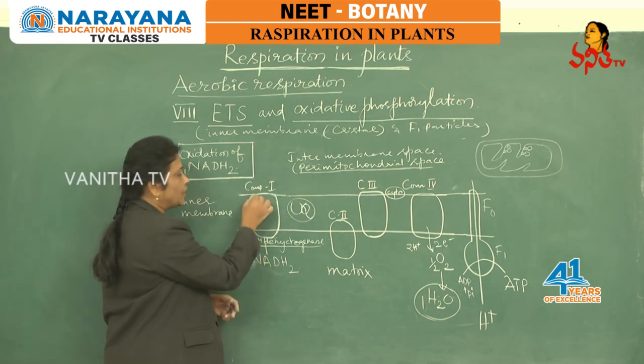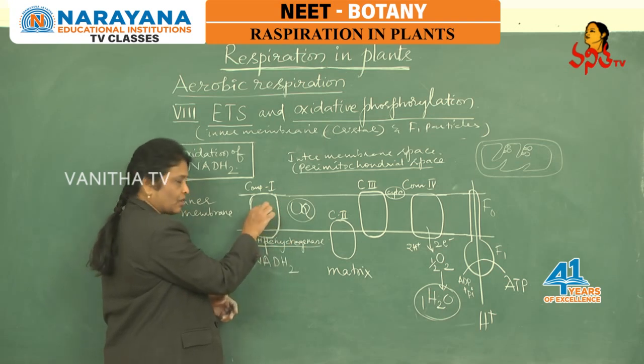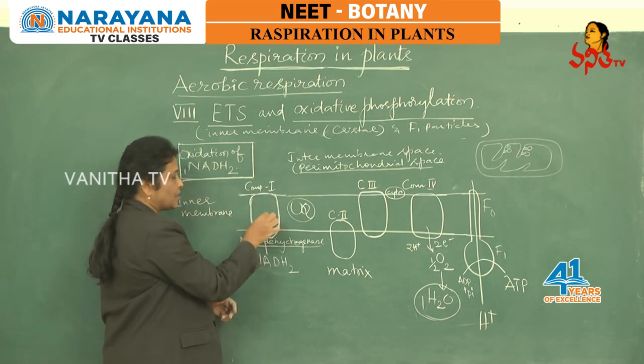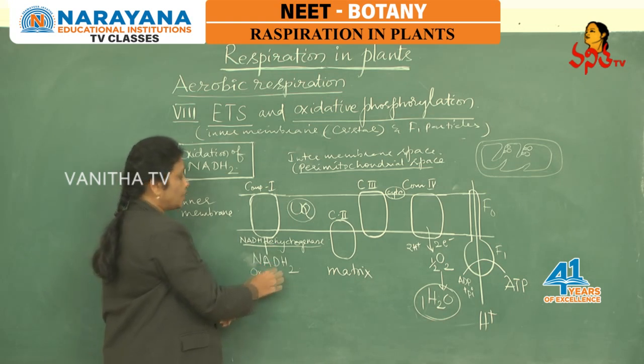So complex 1 itself is named the NADH dehydrogenase complex, with electron carriers as well as the enzyme NADH dehydrogenase, and that enzyme oxidizes this NADH2, and NADH2 on oxidation liberates electrons and protons.